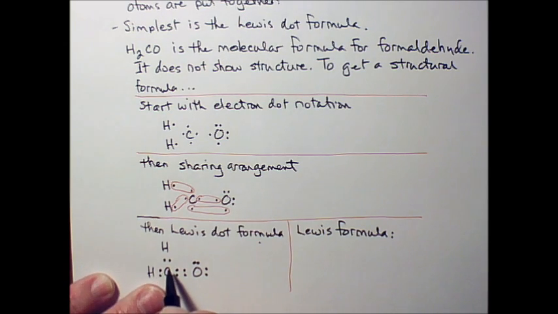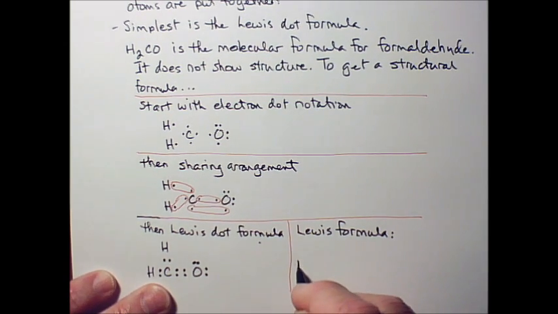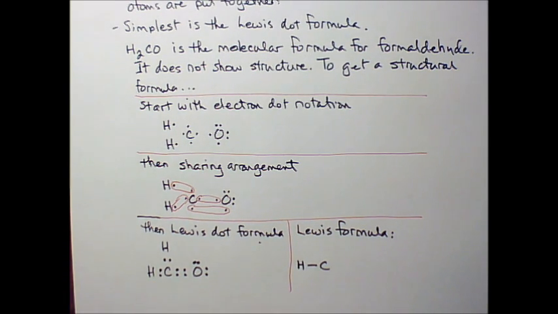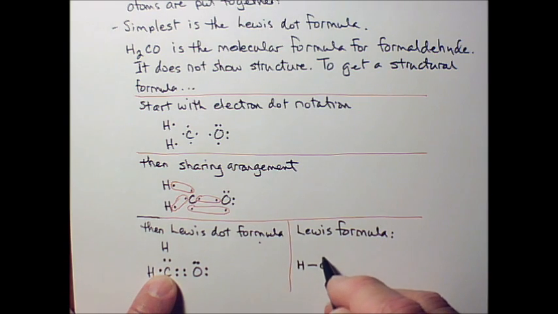So between this carbon and this hydrogen, there's a line showing a bond. Any shared pair of electrons is a bond. So this shared pair of electrons is a bond, and we're going to replace that shared pair with a line.